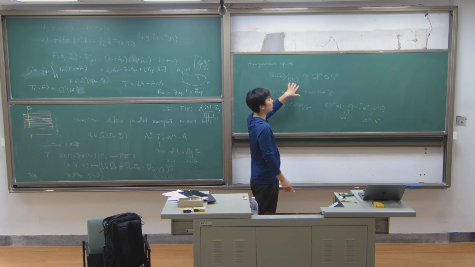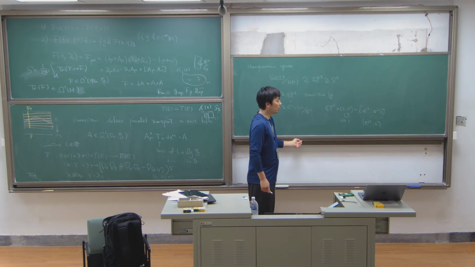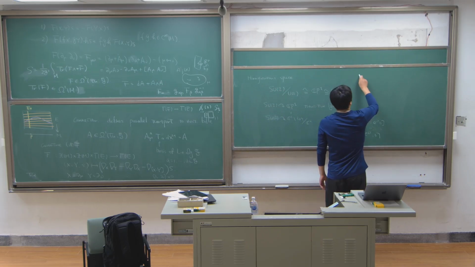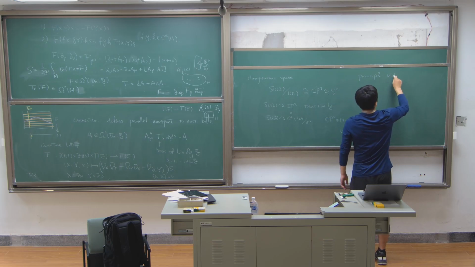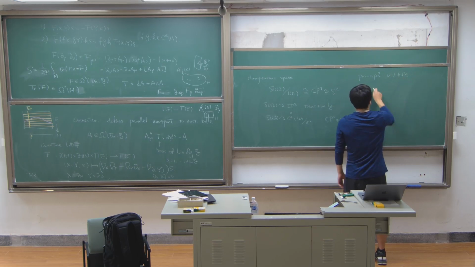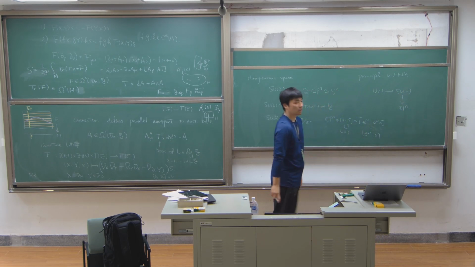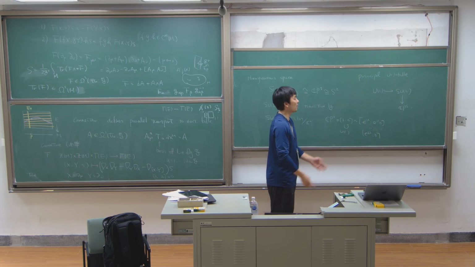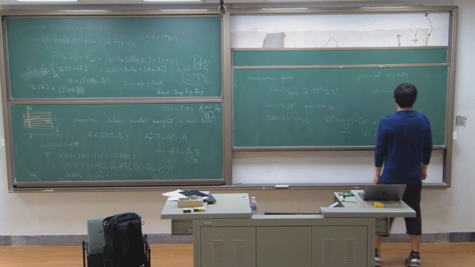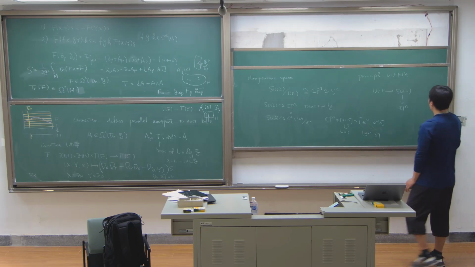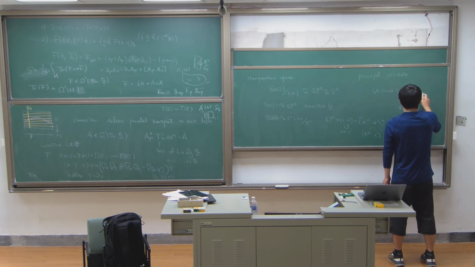You get the quotient SU2 over U1. This is exactly what we learned: a principal U1 bundle. So U1 is the fiber of SU2 over CP1. And we saw this many times.